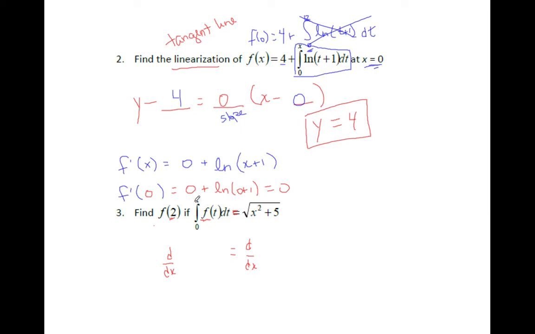So the derivative of the antiderivative and the derivative of the integral of x squared plus 5 to the 1/2. What do you get here? The derivative and the antiderivative all go away, and you get f of the upper limit of integration equal to the derivative of x squared plus 5 to the 1/2.